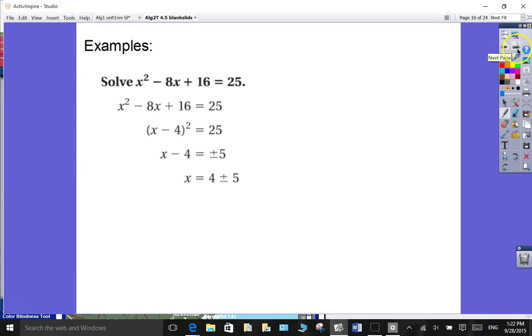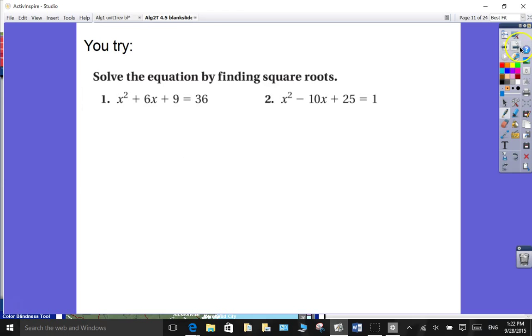So try to do the same thing with that. What was the perfect square trinomial on the left of the first one? How does this factor? X plus 3 squared.